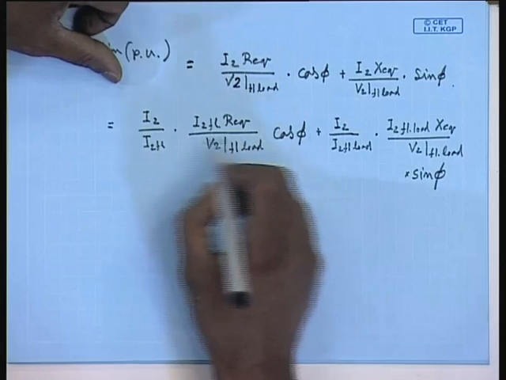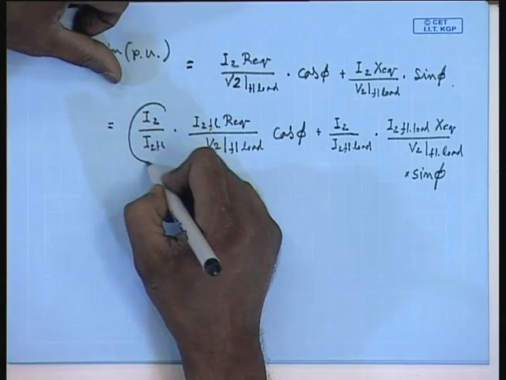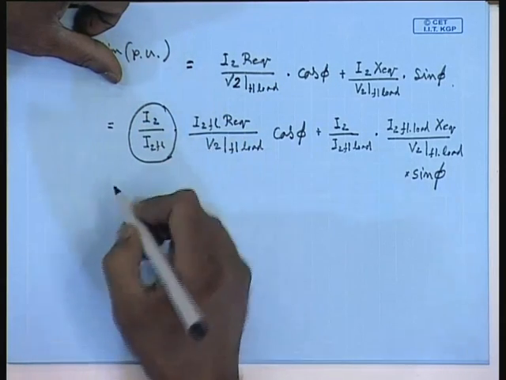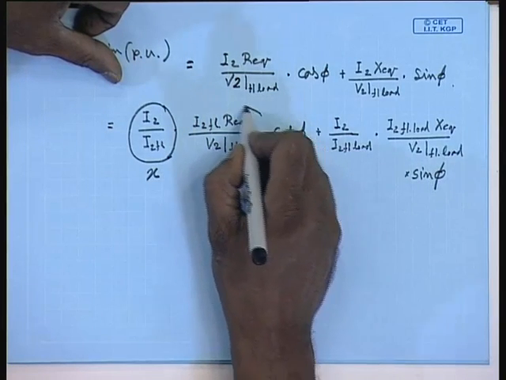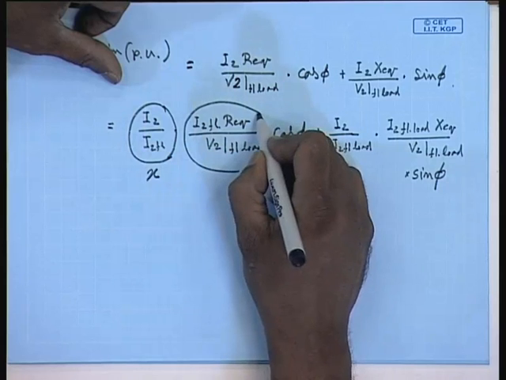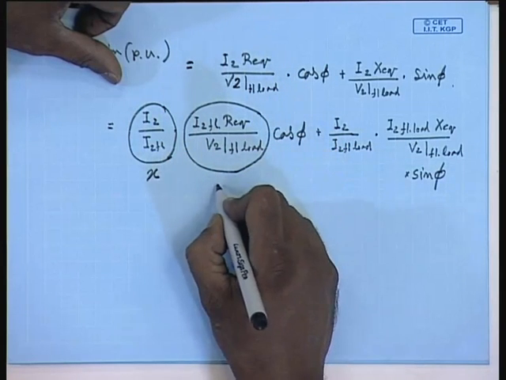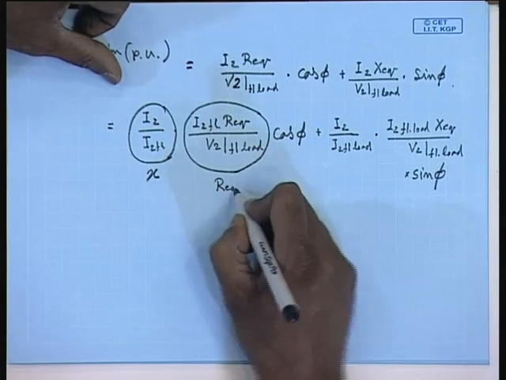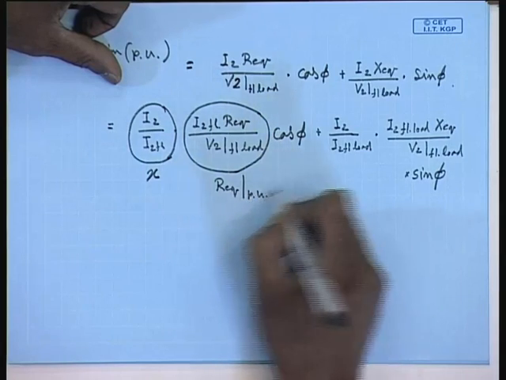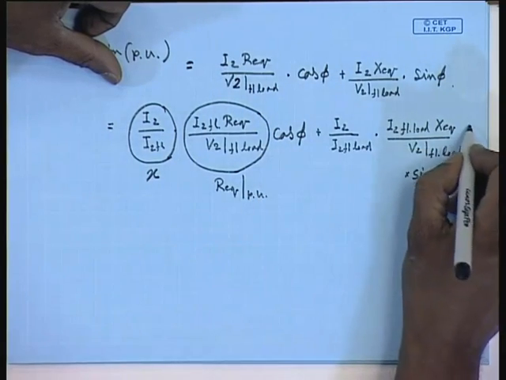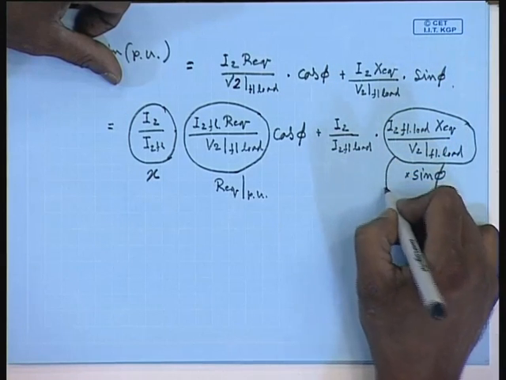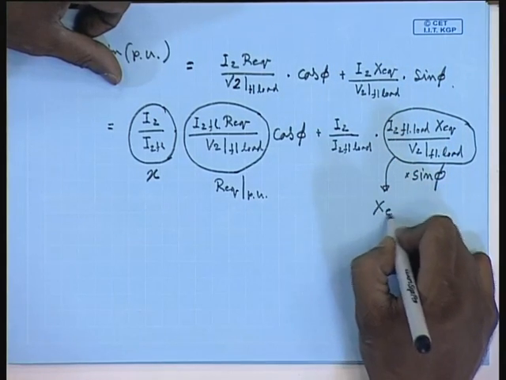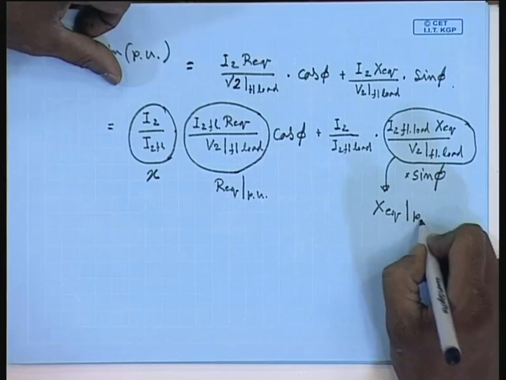However, this quantity has earlier been defined as the per unit load x. This quantity has been defined as Req per unit, and this quantity has been defined as Xeq per unit.